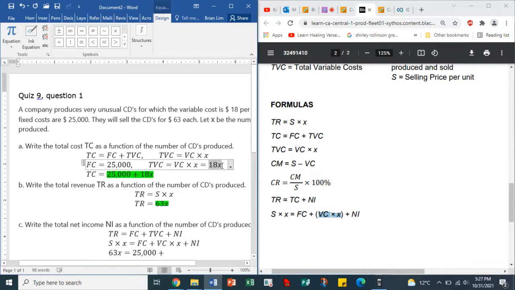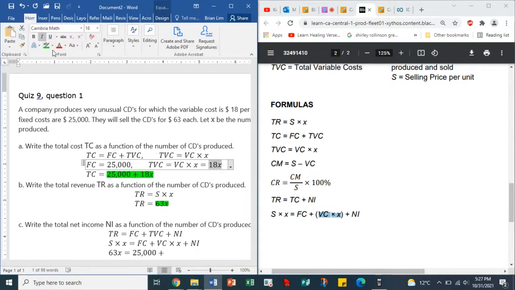Right here. That's the variable cost. Maybe we can highlight that so that we can see what we are looking at. So the variable cost times X is 18 times X plus the net income.